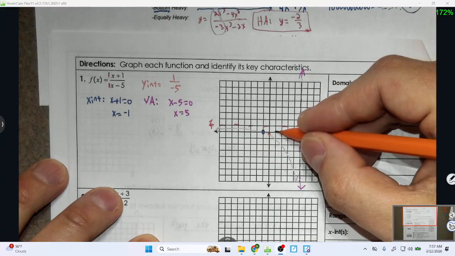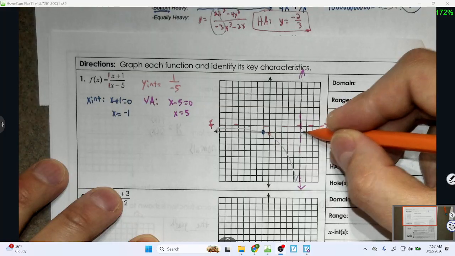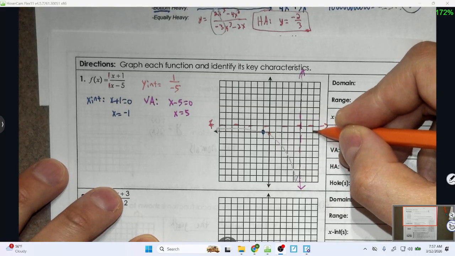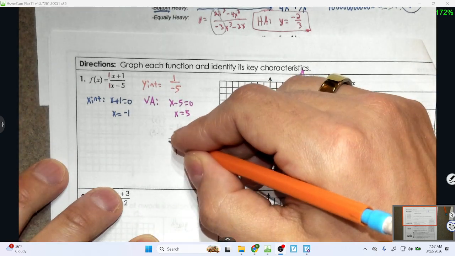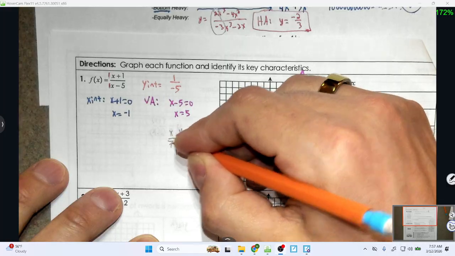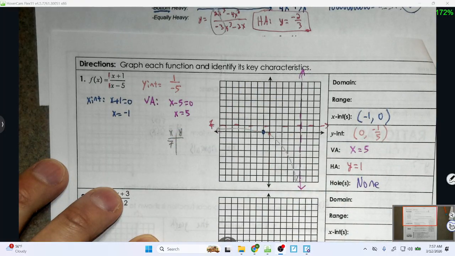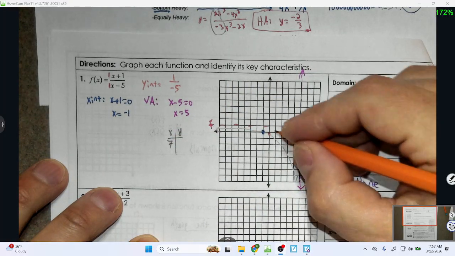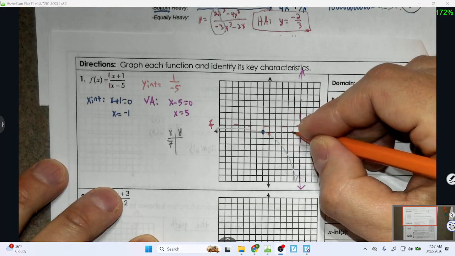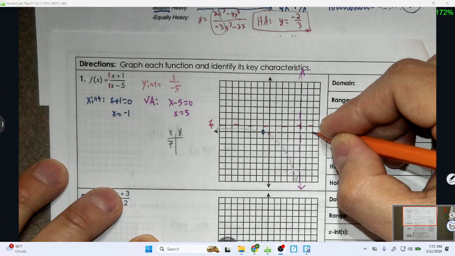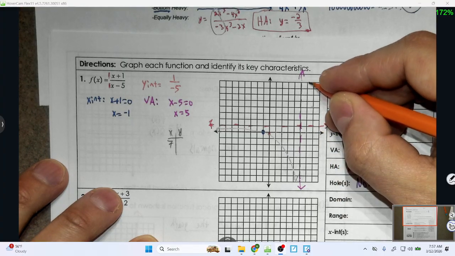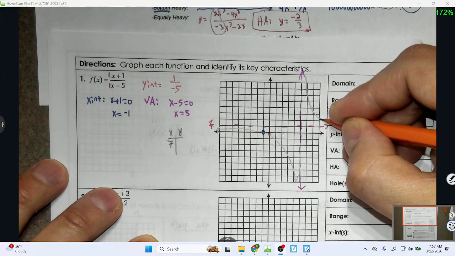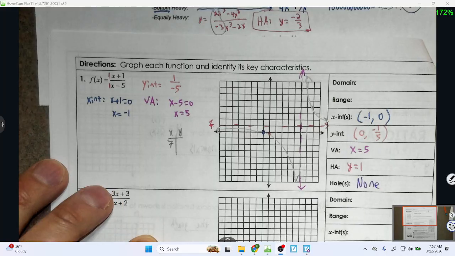If we want, we can plug in 7 for x, and we have 8 over 2, which is 4. So 7 goes to around 4, around here. It doesn't really matter. We just need to make sure we have this kind of shape here.